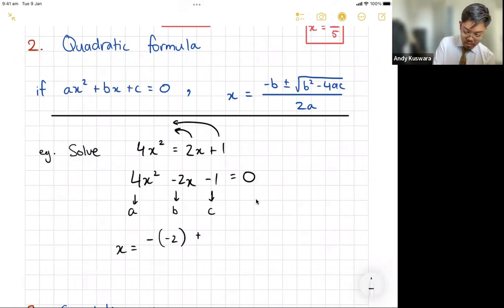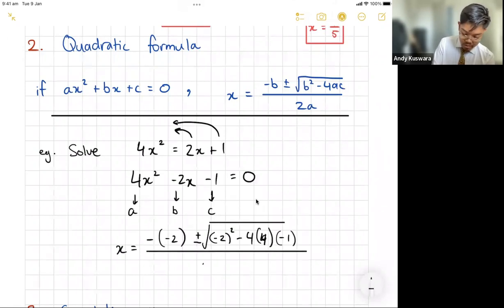It's going to be plus or minus, that's what gives us our two solutions. B squared, which is again -2 squared, minus 4 times A, which is 4, times C, which is -1, all over 2 times A, which in this case is 2 times 4.